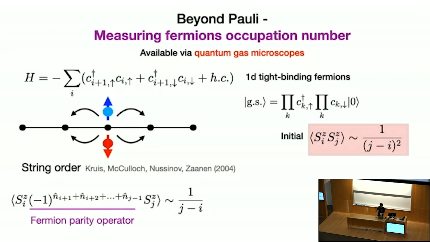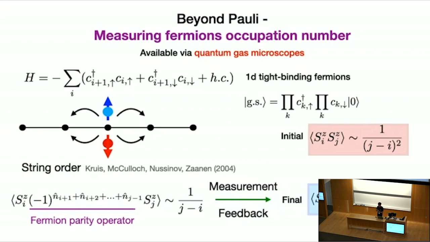So it is like a string operator where n_i is the fermion number operator. So (-1)^{n_i} gives you 1 or -1, depending on whether the fermion number is odd or even. So it's a fermion parity. So there's a string order parameter for the fermions, and people know that it decays like 1/r.